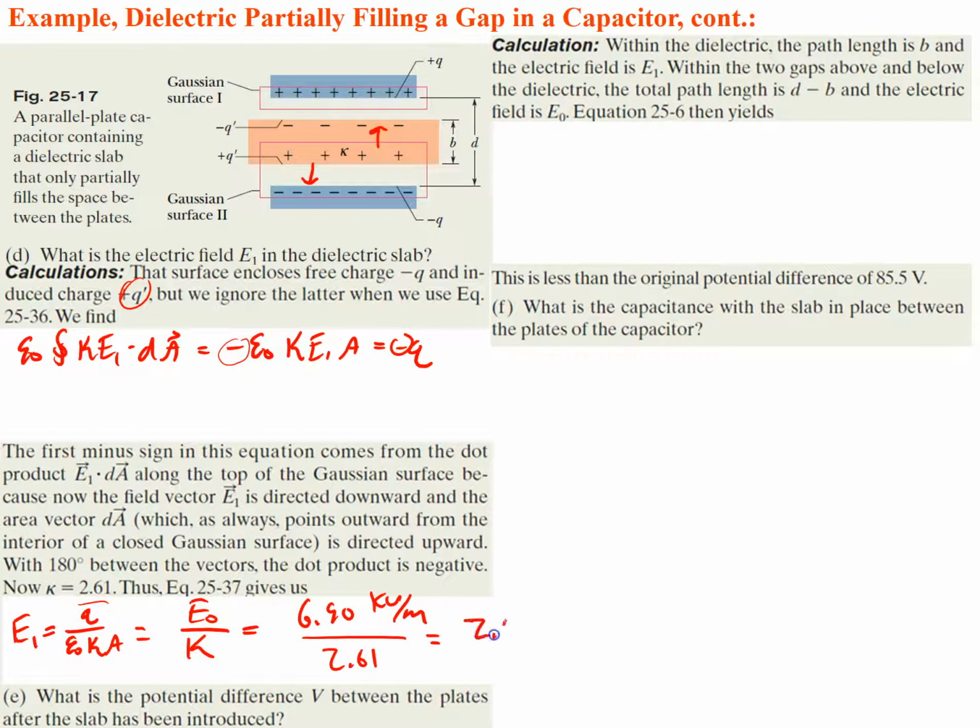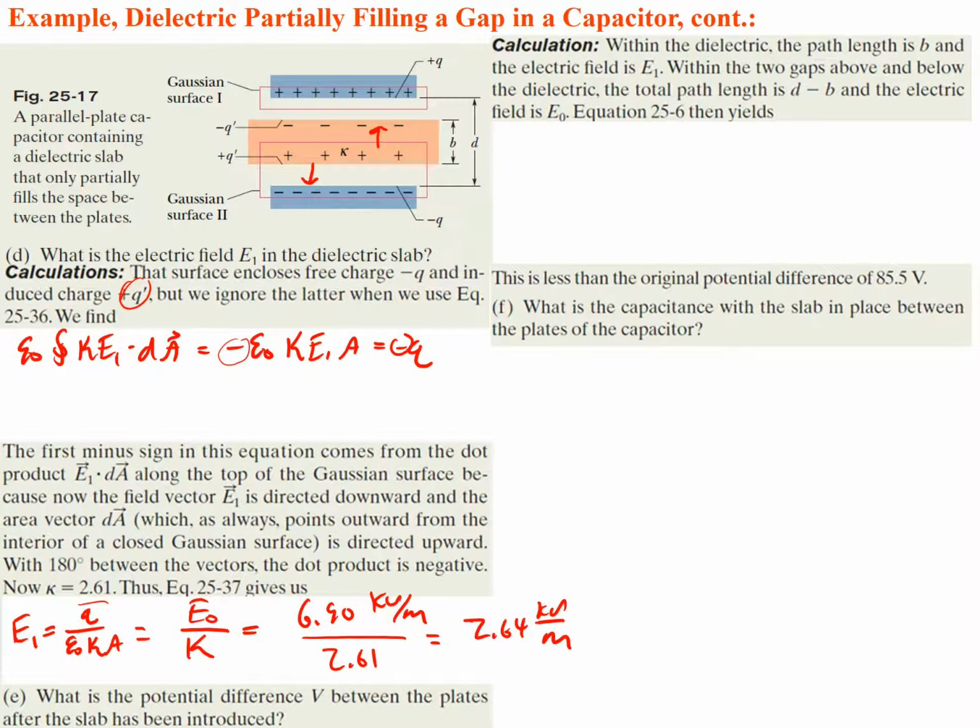So what is the potential difference V between the plates after the slab has been introduced? So what is this voltage change that we're seeing because of the slab? All right, so within the dielectric, the path length is B, and the electric field is E1. And this is inside this dielectric.